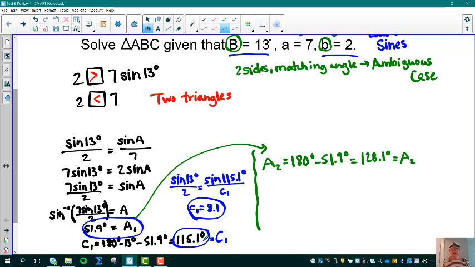We need to find the other possibility for C sub 2. So C sub 2 would be equal to 180 minus angle B, that's common to both triangles, 13 degrees, minus 128.1 degrees, and C sub 2 is 38.9 degrees.